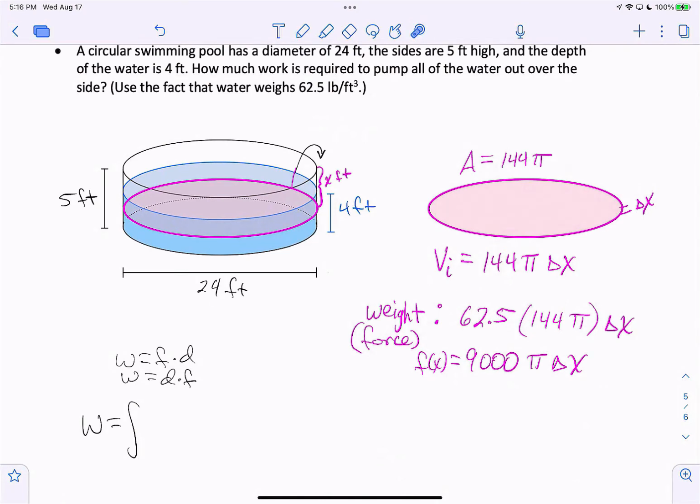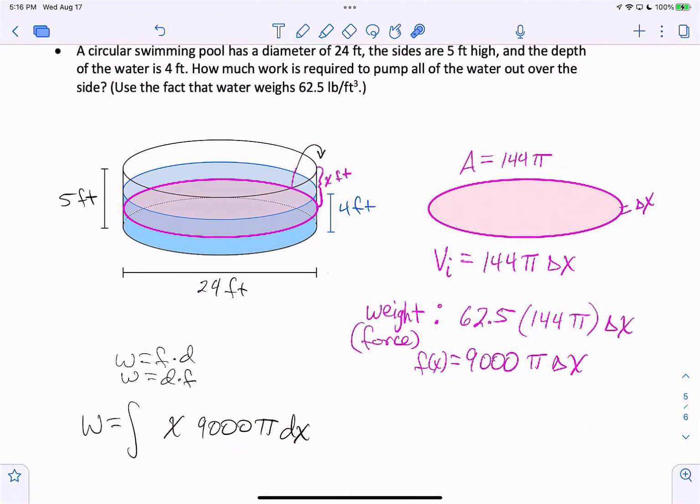The distance that a layer of water is going to move, in this case, is going to be x. The force that's being moved is the weight of a layer of water, which we've already decided is 9,000 pi times delta x. Taking the limit as the number of layers goes to infinity, our integral is the integral of x times 9,000 pi dx.